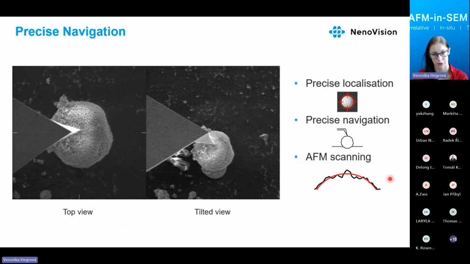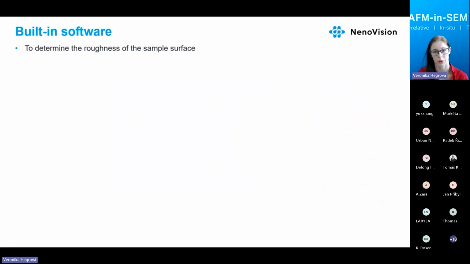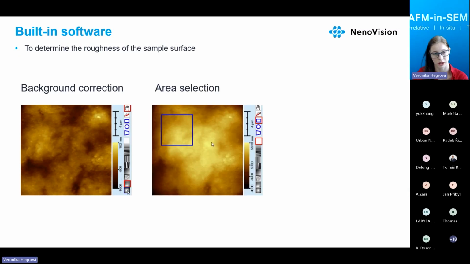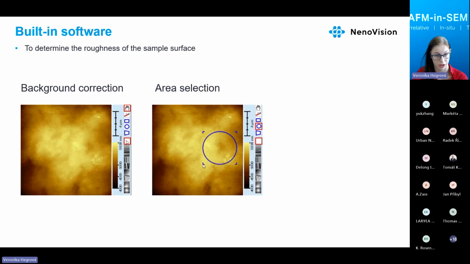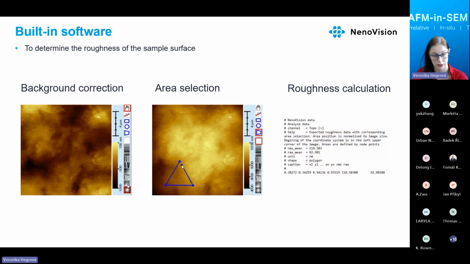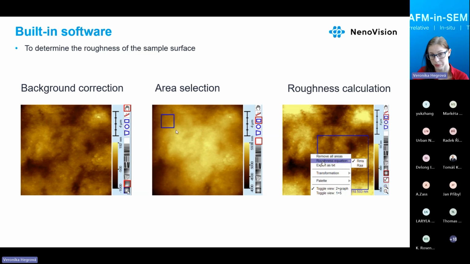And afterwards we could do the AFM scanning. So after the scan is done, there is built-in software for determination of roughness. So there's background correction, area selection for the calculations, and the roughness calculation itself with an easy report export.